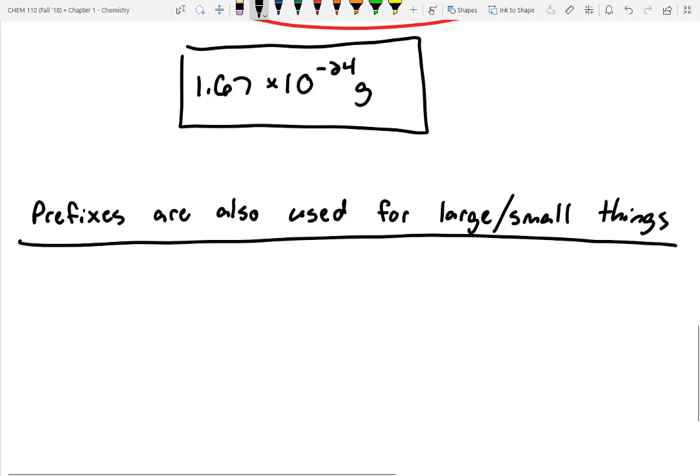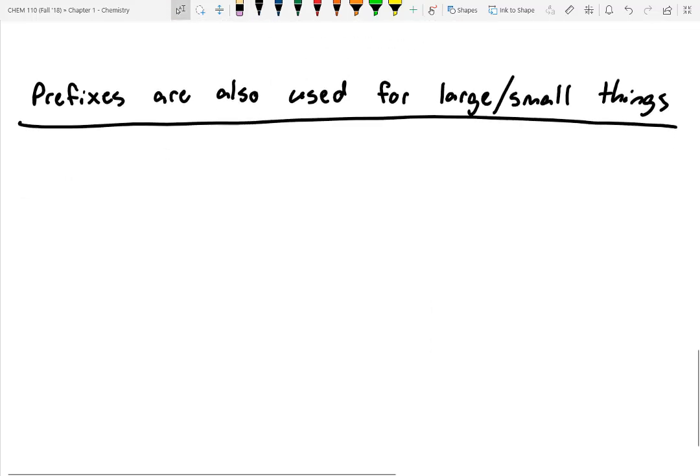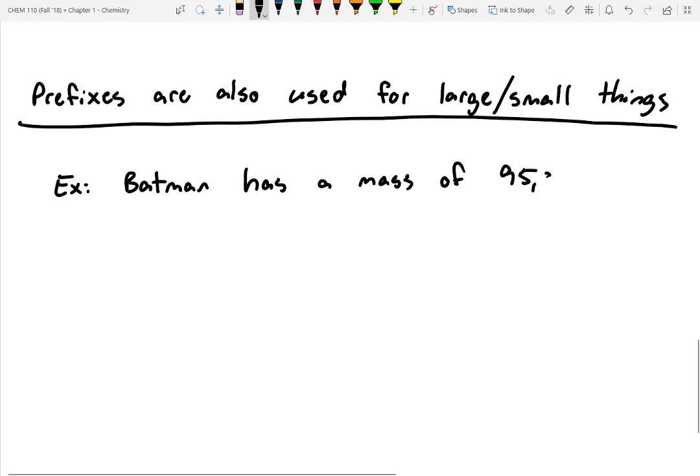So you can use scientific notation if you want, or you can use a prefix, and I'll show you an example of this. My favorite example to use is Batman, if you're a DC person. Batman has a mass of 95,000 grams, give or take. All right, so first we'll do this in scientific notation.